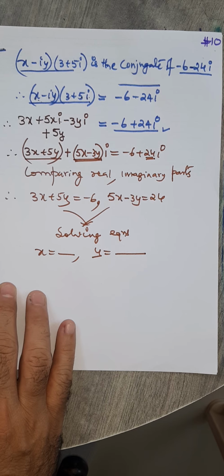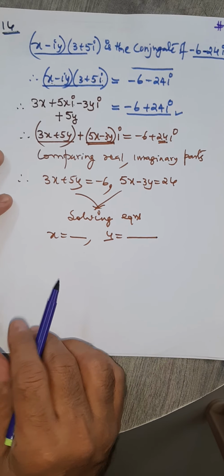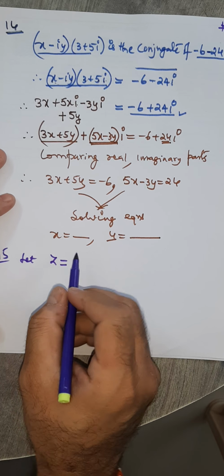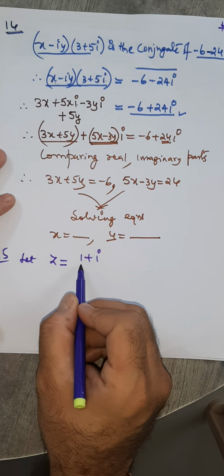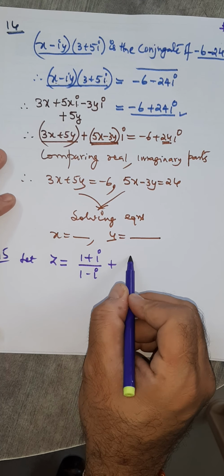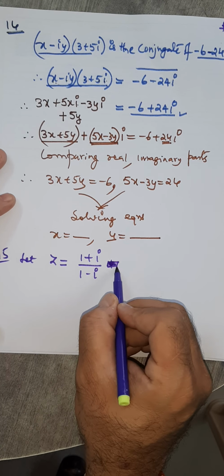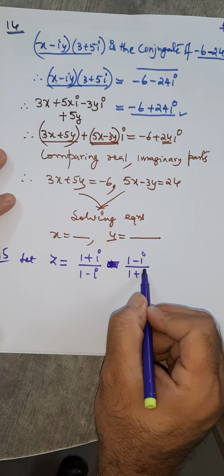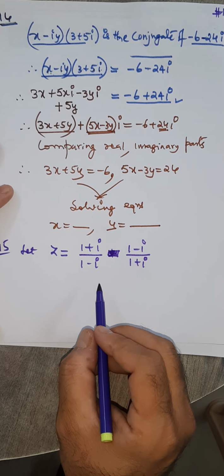Next question. Question number 15 here. Let me take that as the complex number z. Z equals to 1 plus iota upon 1 minus iota plus, sorry, you have minus here, minus 1 minus iota upon 1 plus iota. You are asked to find modulus.